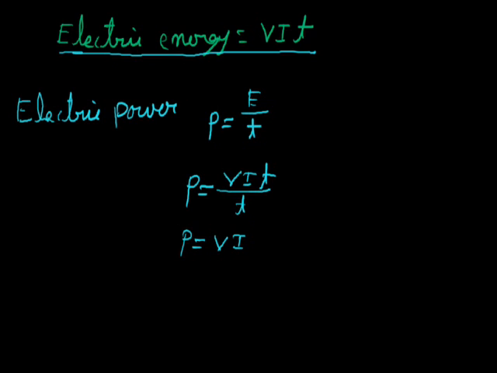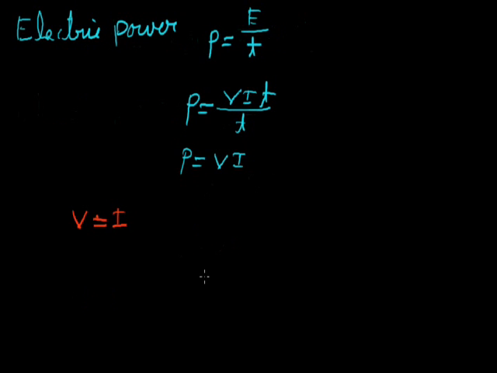We can also make other forms of the electric power. As we know the basic rule of Ohm's law, V is equal to I into R. So when we apply this rule in different forms, we can get different results for the power. So P is equal to I into R into I, so power is equal to I square into R. This is one result.